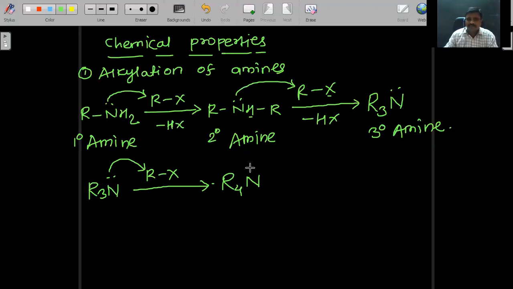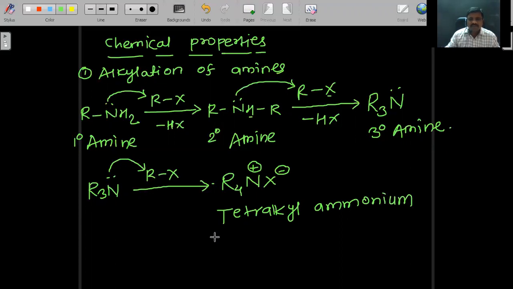Due to 4 bonds, nitrogen carries a positive charge, and in the vicinity of that positive charge, X minus is situated. This is known as tetra alkyl ammonium halide.